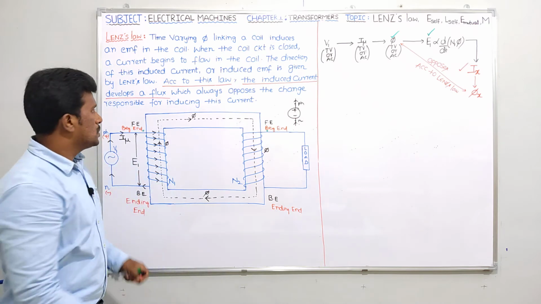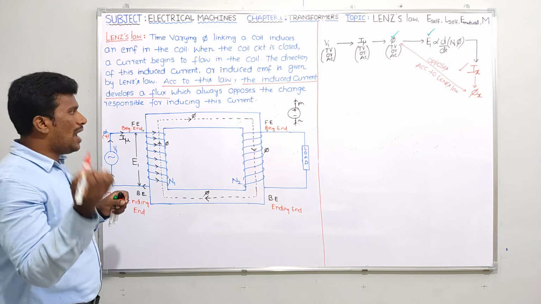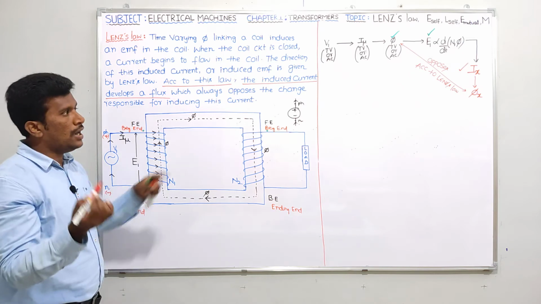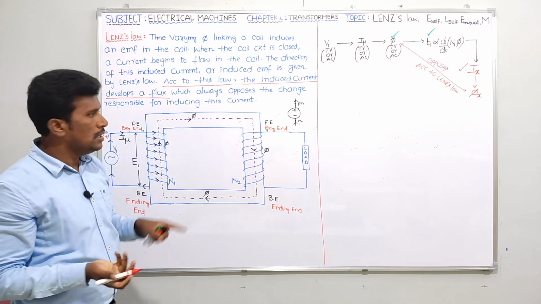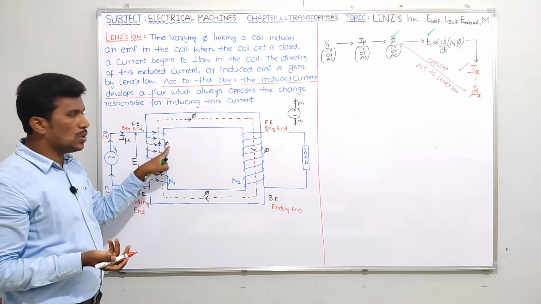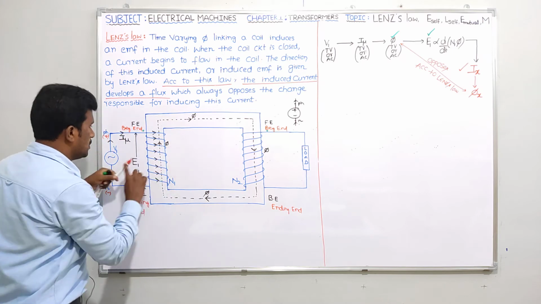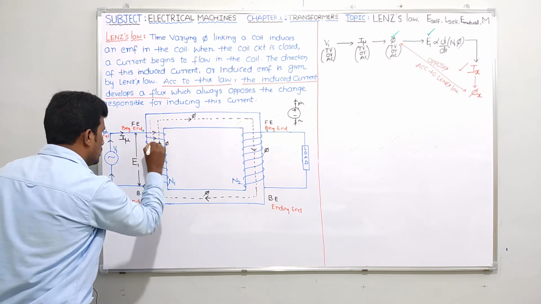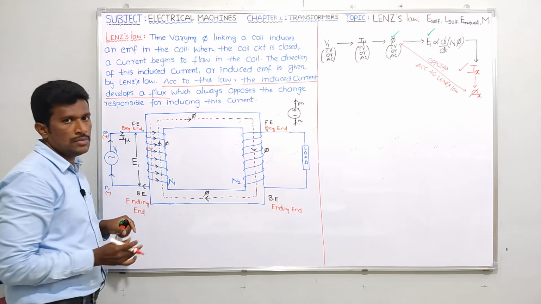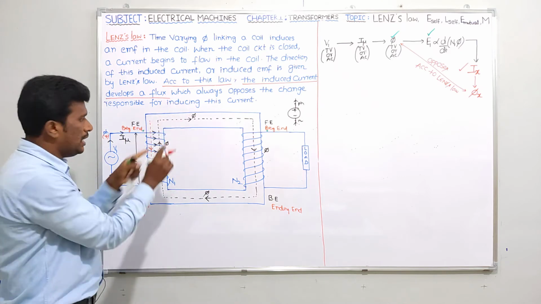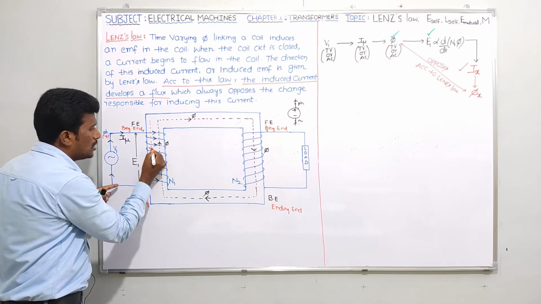That means if phi, this black color flux, is upwards, what might be the direction of phi x here? See, phi x opposing phi means, whenever phi x opposes this core flux phi, in this portion this phi is upwards. Now what about phi x? Phi x should be downwards.